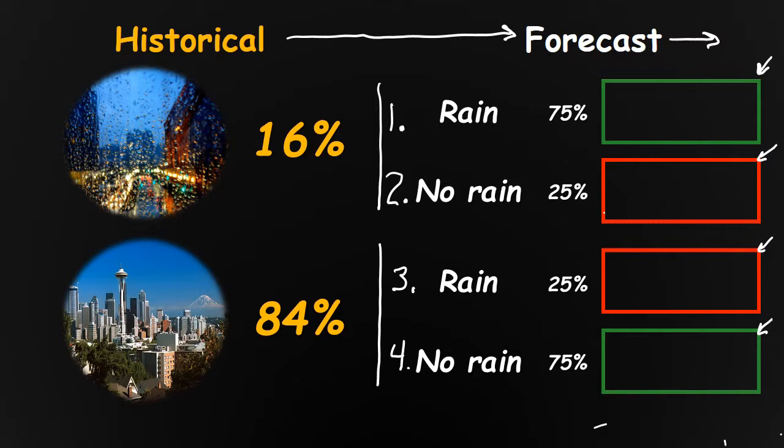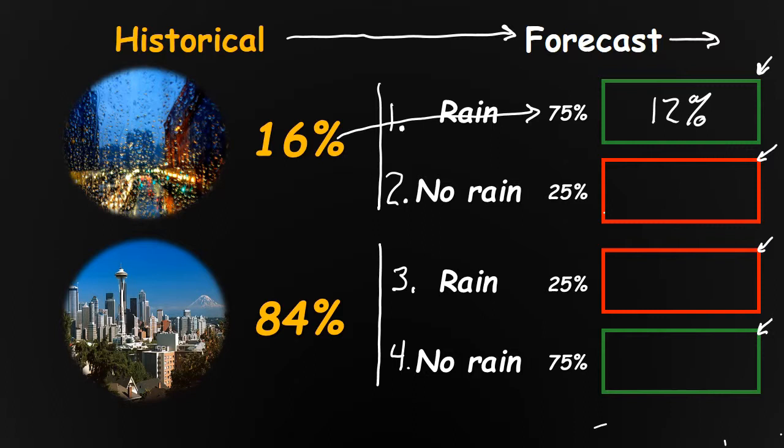To get the probabilities of each of these outcomes actually occurring, I simply multiply the 2 probabilities. So this first case is 16% times 75%, which equals 12% with a little bit of rounding.